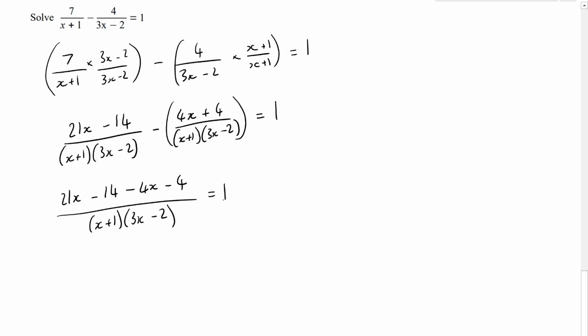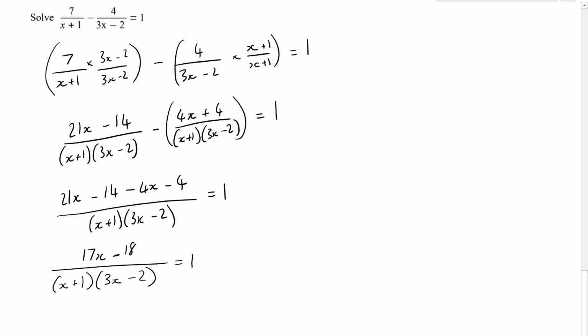Okay, that's equal to 1. I'm going to simplify this on the top and hopefully see some sort of factorization that I can cancel with the bottom. So 21x minus the 4x is going to give me 17x, and the minus 14 minus the 4 becomes minus 18, all over x plus 1, 3x minus 2. And that's still equal to 1.